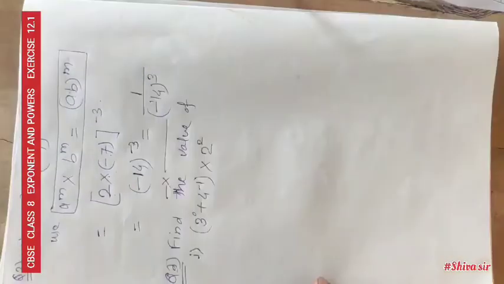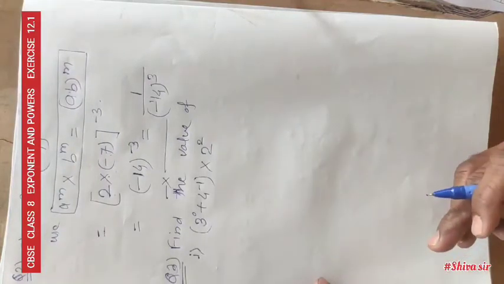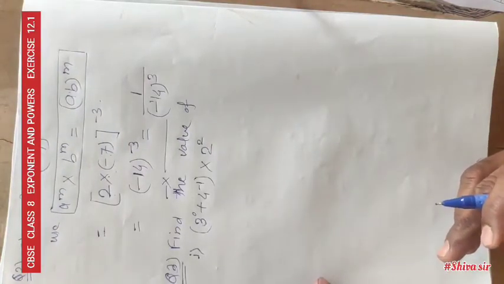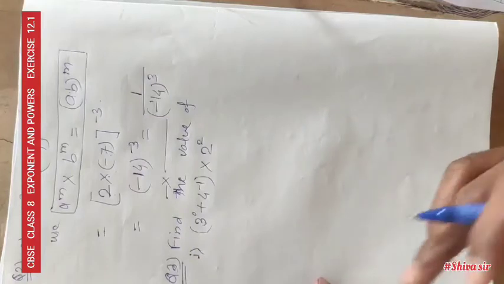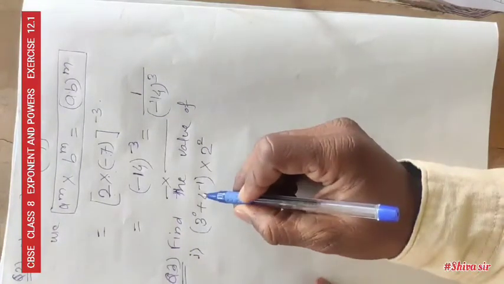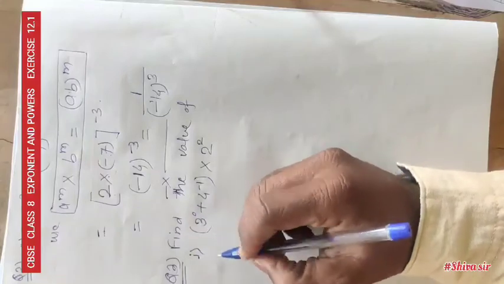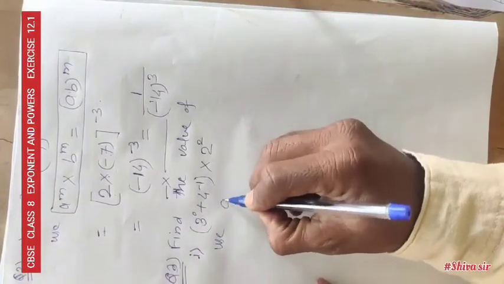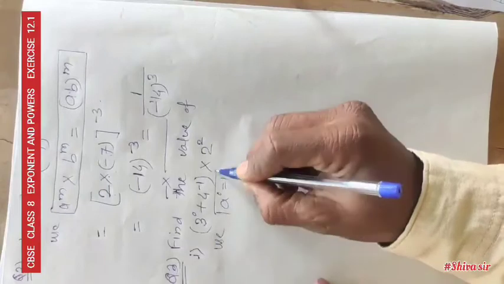Okay. Our next is 3 raised to the power 0 plus 4 raised to the power minus 1, into 2 square. Here for 3 raised to the power 0, simply use the formulation: a raised to the power 0 is equal to 1.